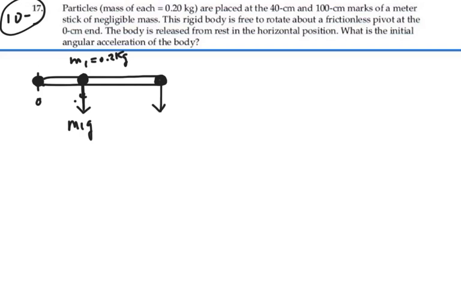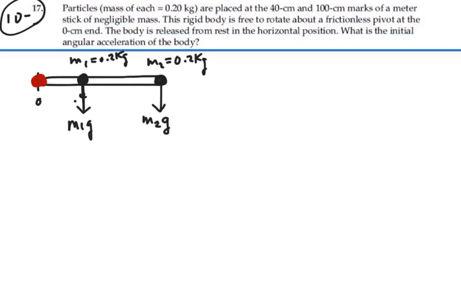It's called m2, causing a force, m2g, to be exerted at that point, and of course that mass is also 0.2 kilograms. So about our pivot at the origin, we're going to have two torques equal to force times moment arm for these two masses.